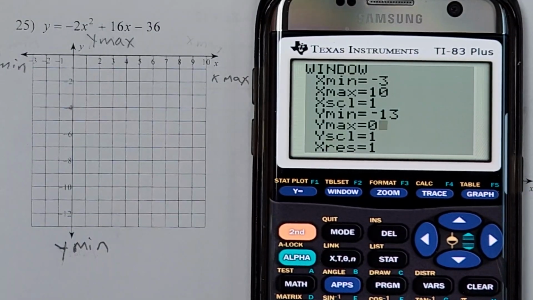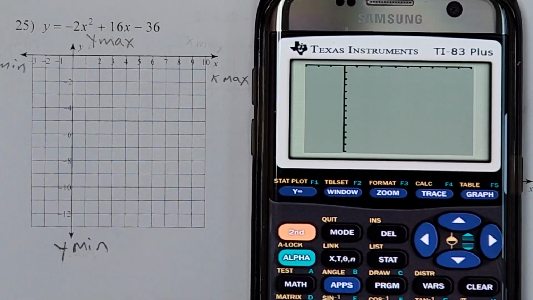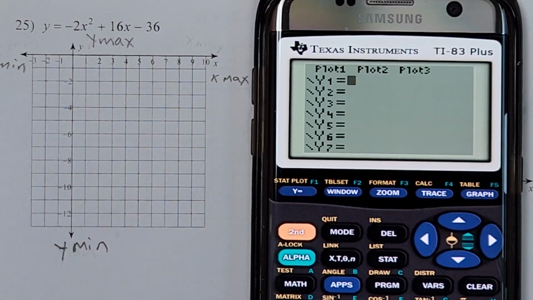And now we can just hit the trace button because we want to see about where that vertex is. So we'll hit trace, and there's nothing there. Why is there nothing there? Because I forgot to enter the y equals. So go to y equals and enter the equation. So we entered -2x squared plus 16x minus 36.